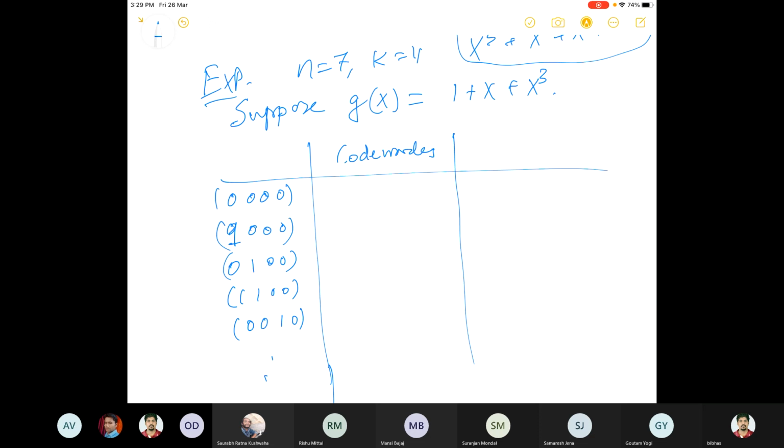I can generate these code words if I know the code polynomials generated by g(x). Any scaling of g(x) would give you a code polynomial. So we can of course choose 0 times g(x), a scaling, so we'll have 0.